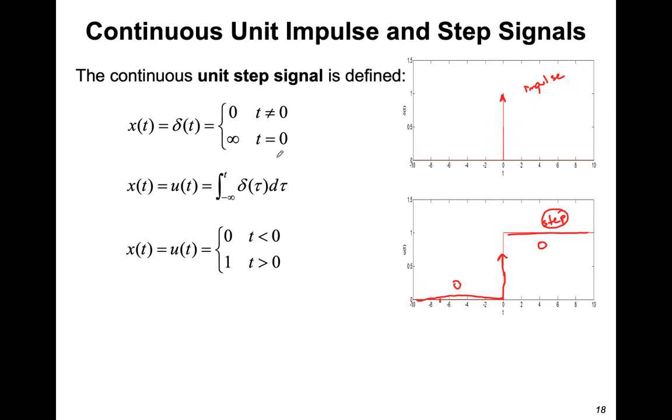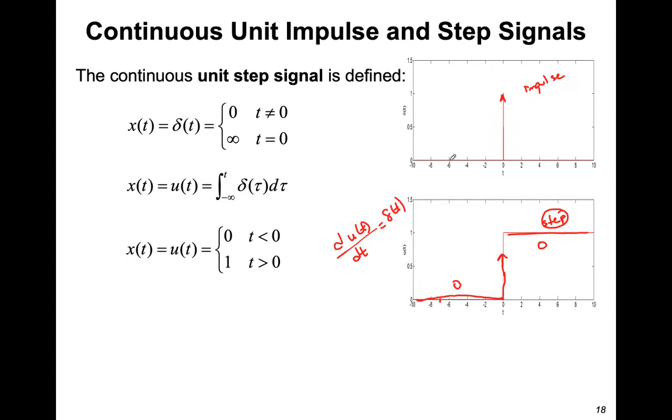Okay, so what do I tell you here? The derivative, let me come back here. The derivative of u of t will be equal to Dirac of t. Okay, so if I take the derivative of this signal at time equal to 0, it will be an impulse signal.